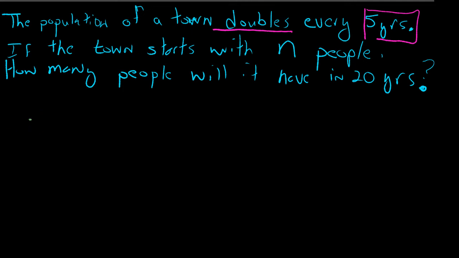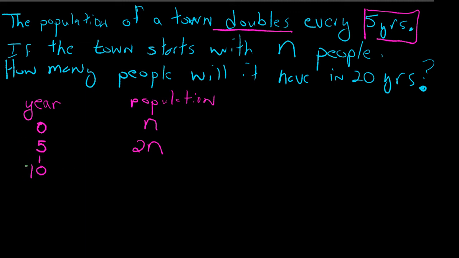So what we can do is we can make a chart. So I'll say the year, and I'll go for what year it is, what my population is, and we'll look for a pattern. Okay. So at year 0, my population is n. 5 years later, I'm 2n. 10 years later, well, I've doubled this amount.